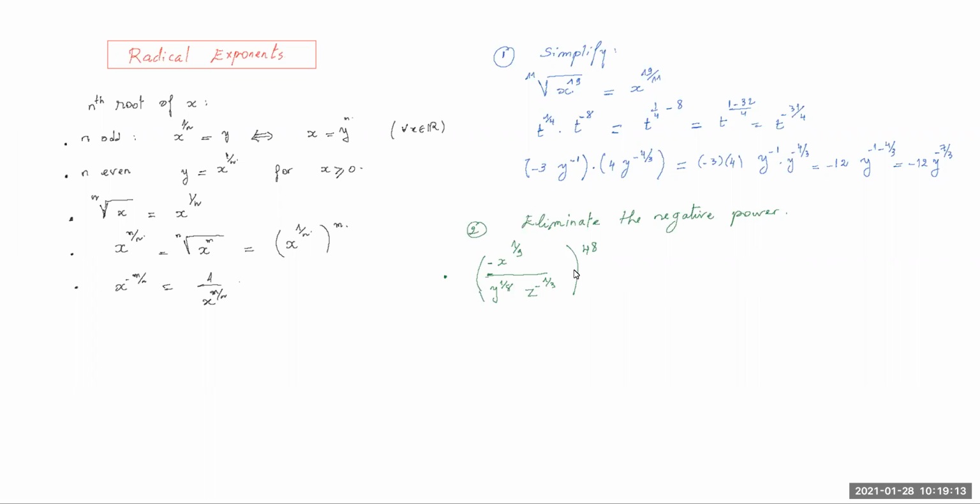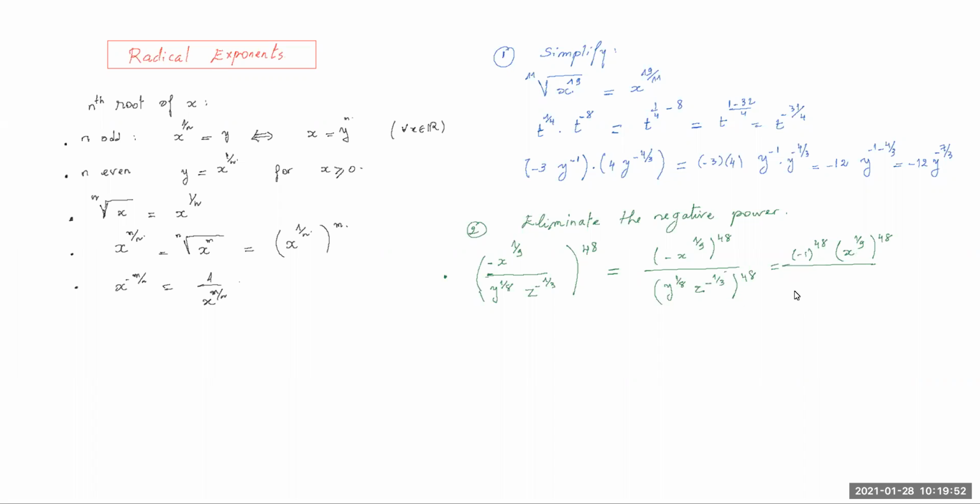There are many ways you can start; decide what is best for you. For me, I will separate the power over numerator and denominator: the numerator (-1 times x^(1/9)) to the power 48, over y^(1/8) times z^(-1/3), everything to the power 48.